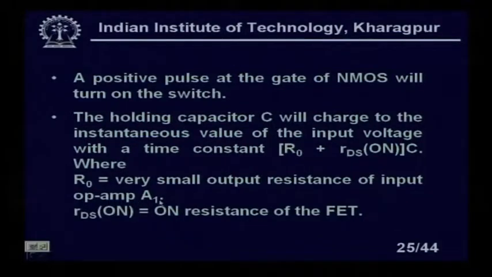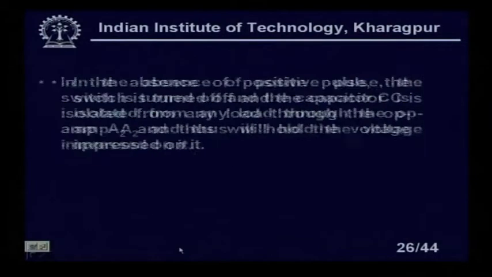Obviously, this op amp has a very low output impedance. RDS on is the on resistance of the MOSFET.